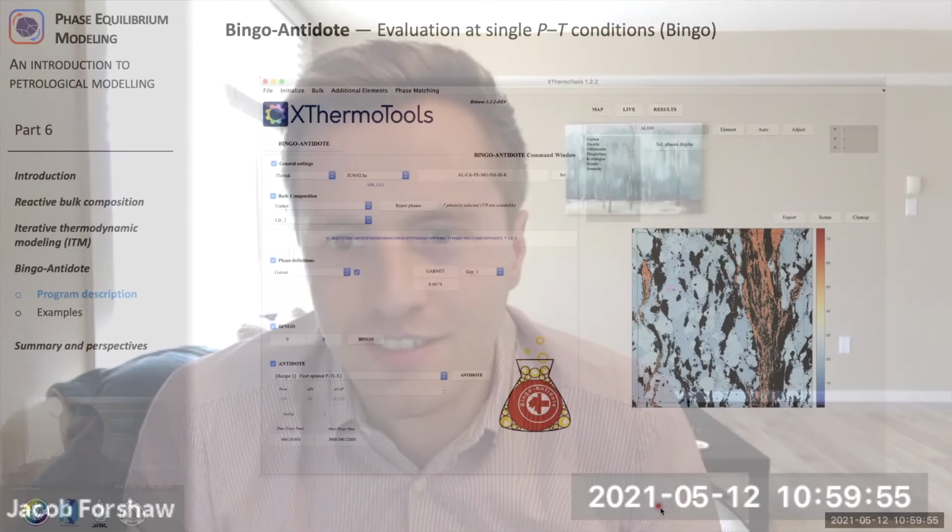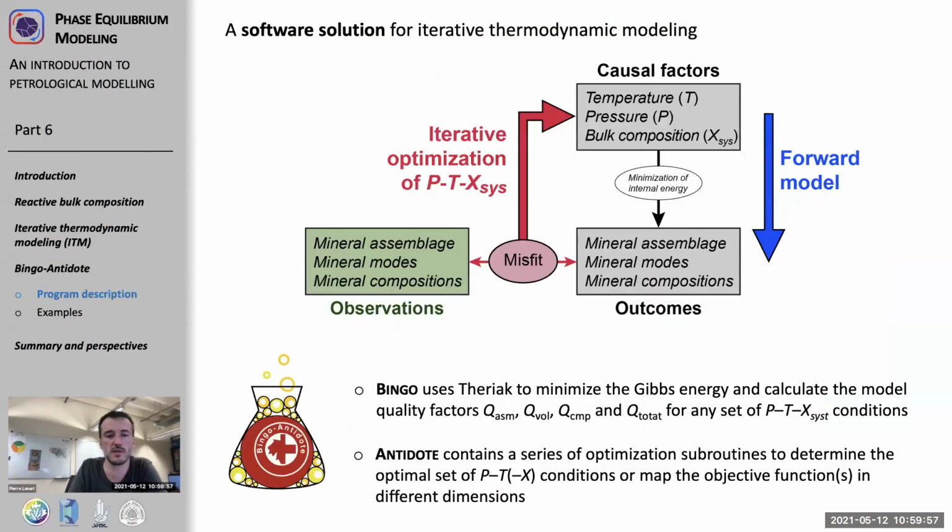And I'll ask you quickly, why is it called Bingo-Antidote again? It's called Bingo-Antidote because it's an inverse of Theriac Domino. So you have Theriac Domino. Theriac is a component that was used a very long time ago to make a kind of medicine, no?